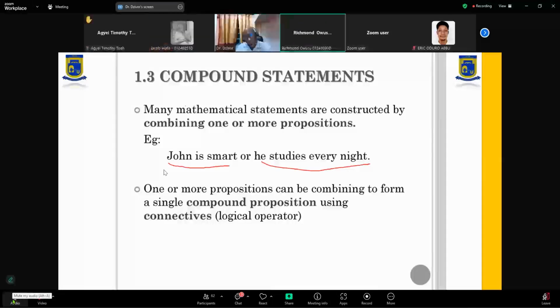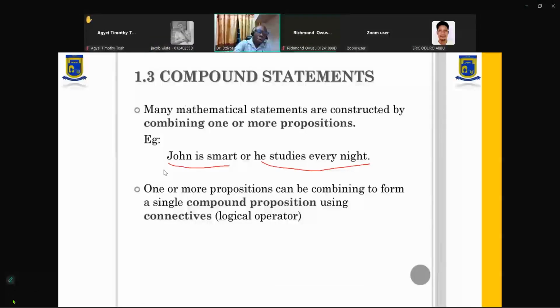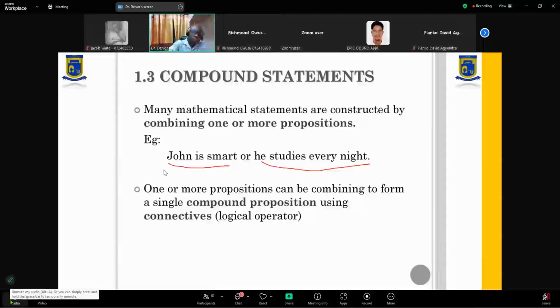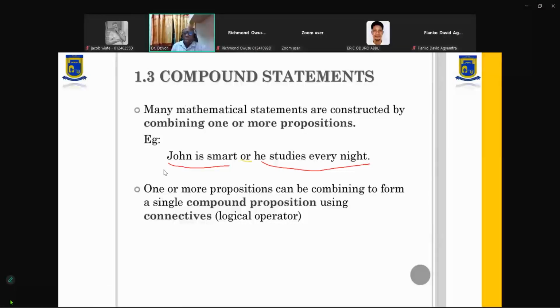Or, very good. So the connective "or" combines the simplest statements into a compound statement. And these connectives are also called logical operators. Another word for them is logical operators.